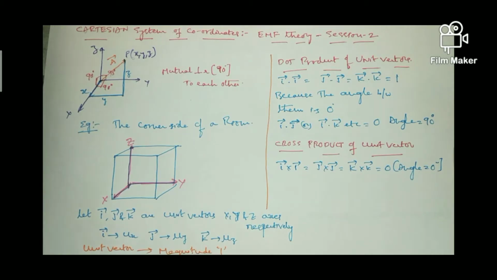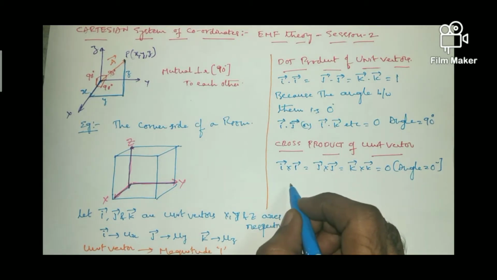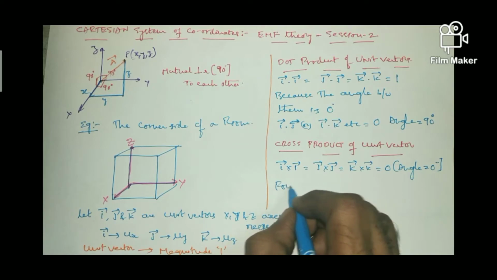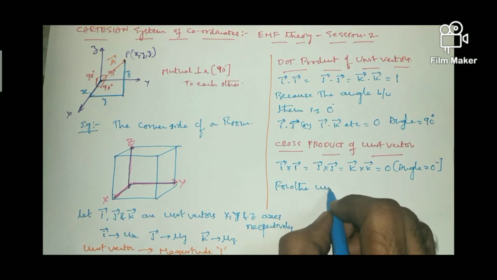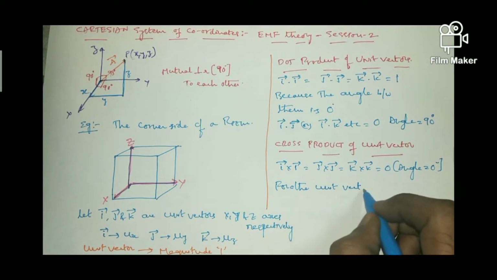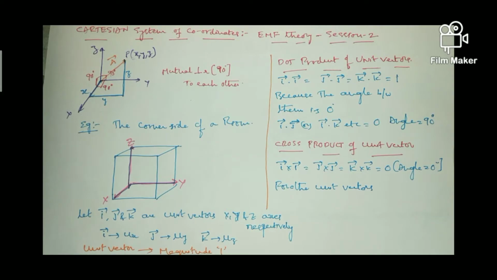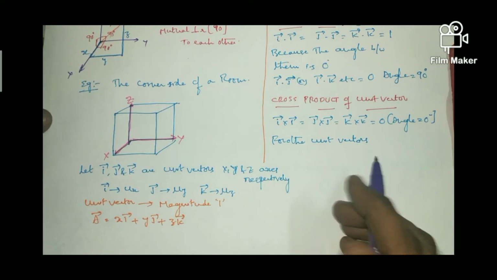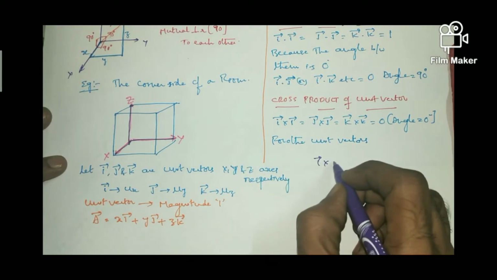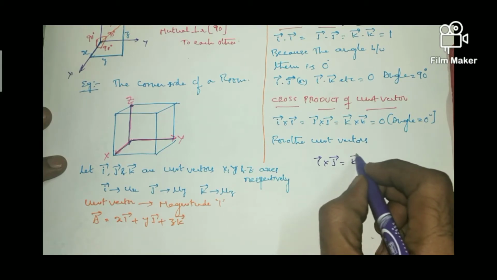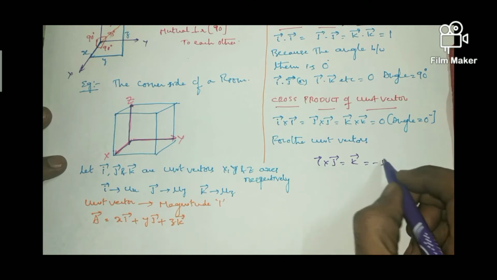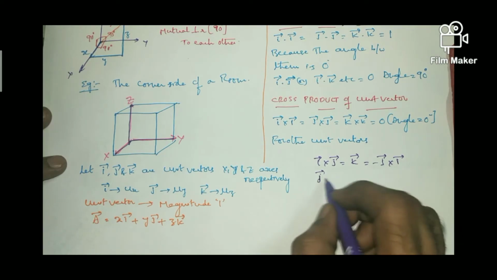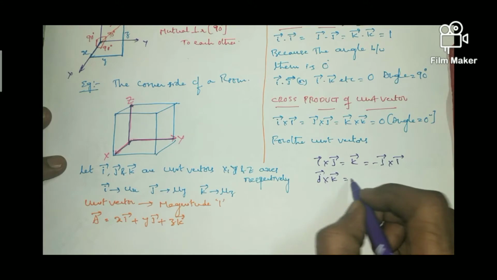And for the other unit vectors, if you consider i bar cross j bar, it will be equal to k bar, which is equal to minus j bar cross i bar, because k is the unit vector perpendicular to both vectors i and j.